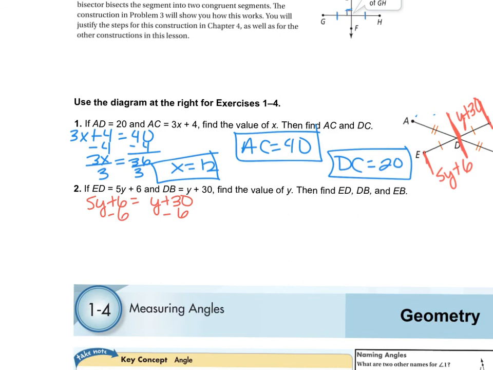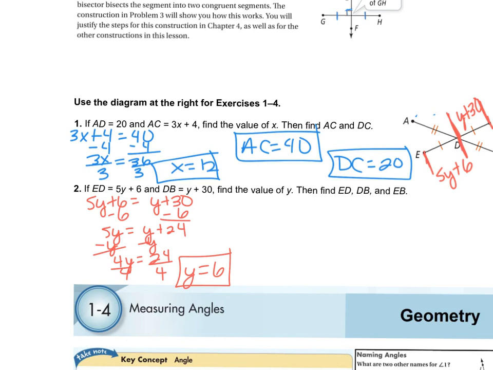So I have 5y equals y plus 24. Then I'm going to minus y from both sides. 4y equals 24. Divide by 4. y equals 6. There's one answer.